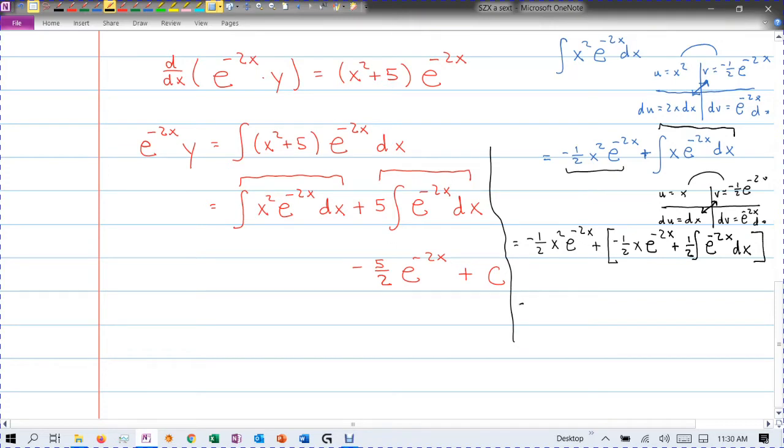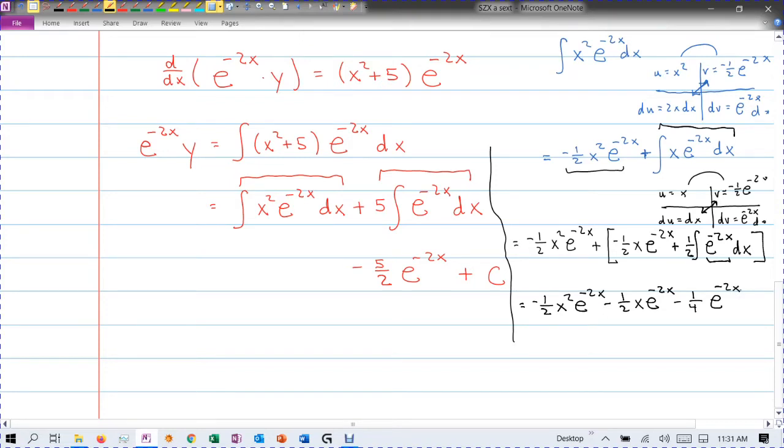So this should become negative 1/2 x squared e to the negative 2x minus 1/2 x e to the negative 2x, and then this last one I'm going to do the antiderivative of, which is negative 1/2 e to the negative 2x. Put it together with that 1/2 that was in front, so negative 1/4 e to the negative 2x, plus some constant, but I've already accounted for that constant.